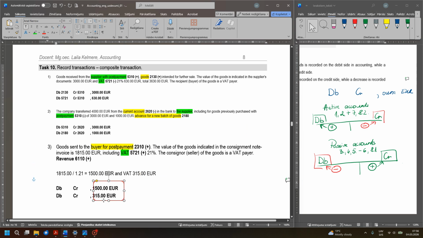And as we are waiting in total 1,815 euros, for both amounts on the debit side we put 2310. And then we explain that 315 is VAT, which we collect from our client and will transfer to the government, and 1,500 is our revenue. And here we put 6110.